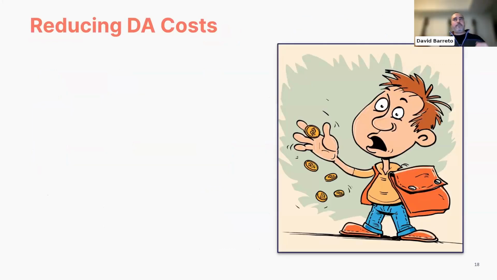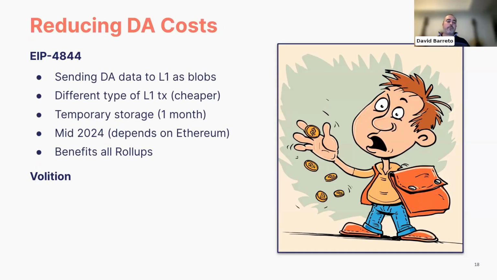Now, how can we reduce this data availability cost? There are 2 main mechanisms. One of these is to wait and implement EIP 4844, and the other one is to implement volition. So in the first one, with EIP 4844, what happens is that we will be able to send data availability info to layer 1 as blobs instead of calldata.